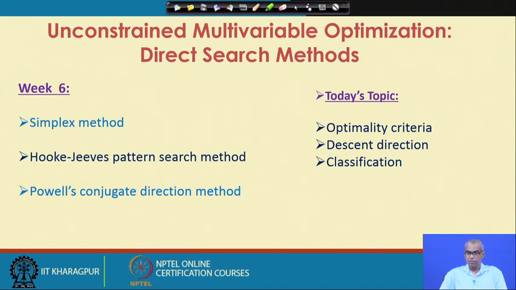So, today we will again review the optimality criteria for unconstrained multivariable functions.